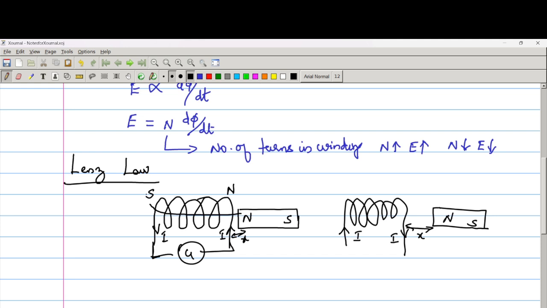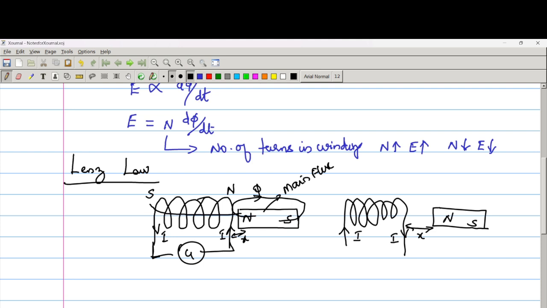Similarly, this will oppose the flow of flux. We will call the flux created by the magnet the main flux. So the induced flux is opposing the main flux.